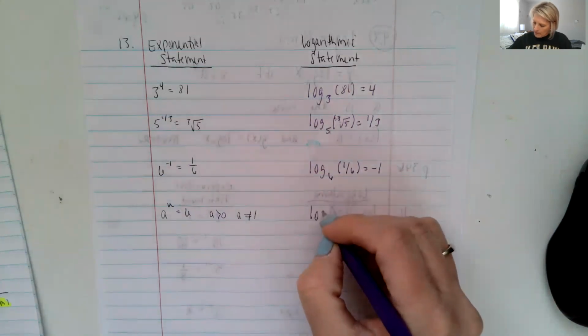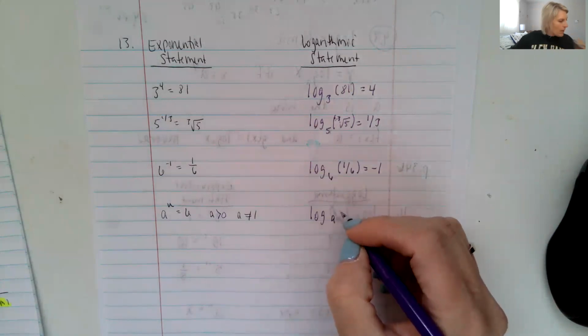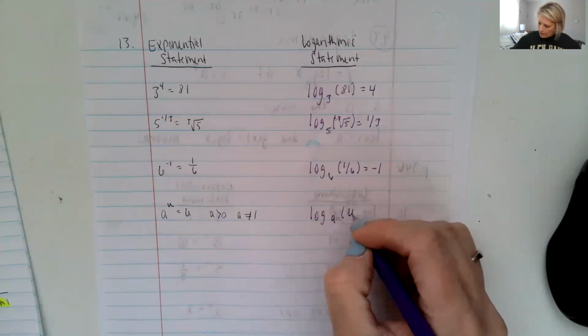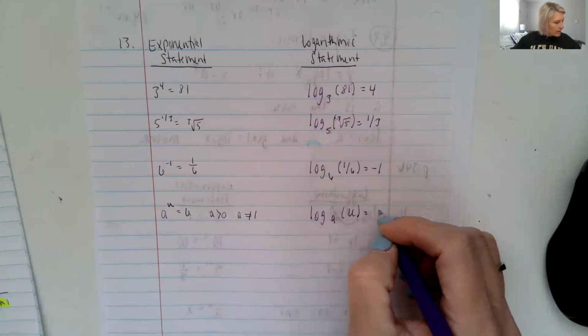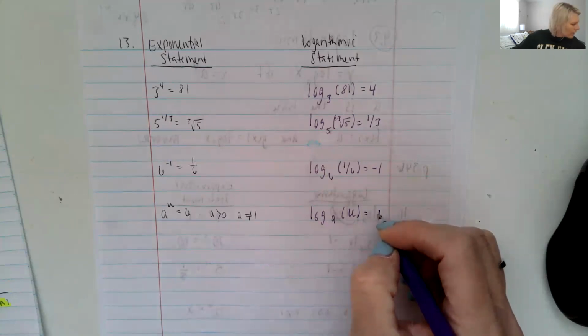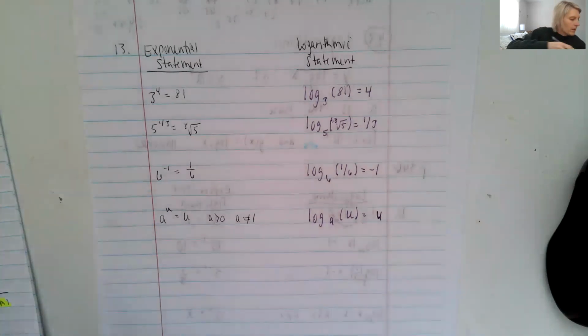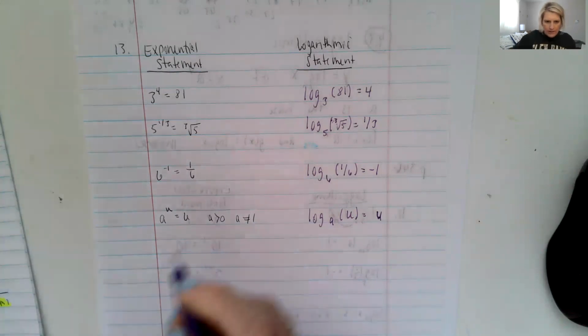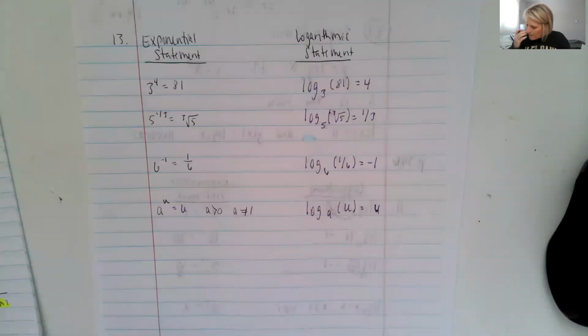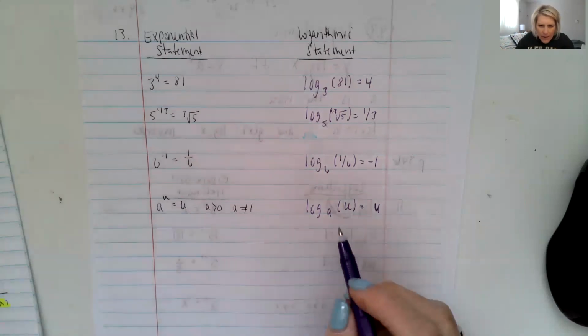And then log base a of u equals u. It's hard to read what the letter is in the book. I think that's u. a to the u.